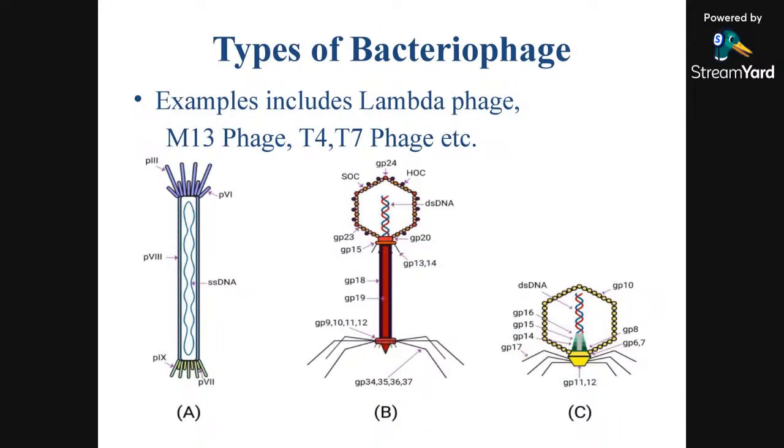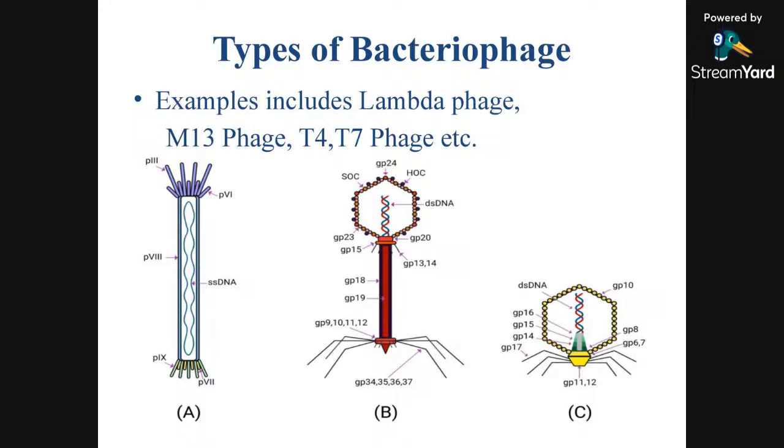In this slide, we can see the different types of bacteriophages. On the basis of their structure, bacteriophages are of various types, such as the filamentous type. The first image shows an example of a filamentous phage. Examples include the M13 bacteriophage, which is long, thin, and rod-shaped.